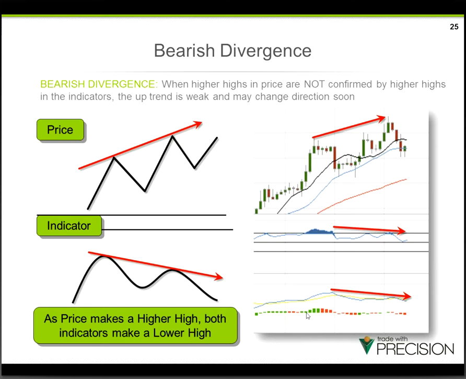And what the indicator says is that price is in a bullish trend when the bars are above the zero line, and price is in a bearish trend when the bars are below the zero line. We don't use this, and we don't use the colored lines either. We don't look at the line crosses. We're only looking for the higher highs and the higher lows, or vice versa, on these indicators to use them as leading indicators. Okay?